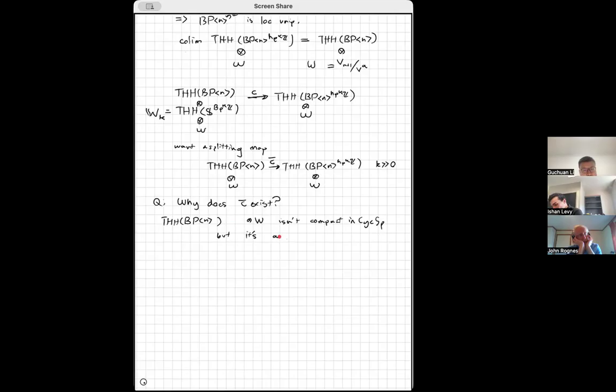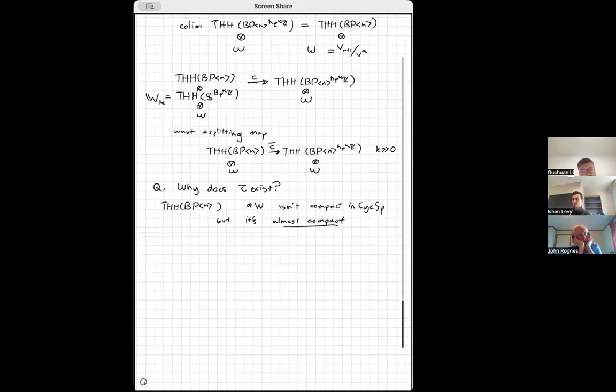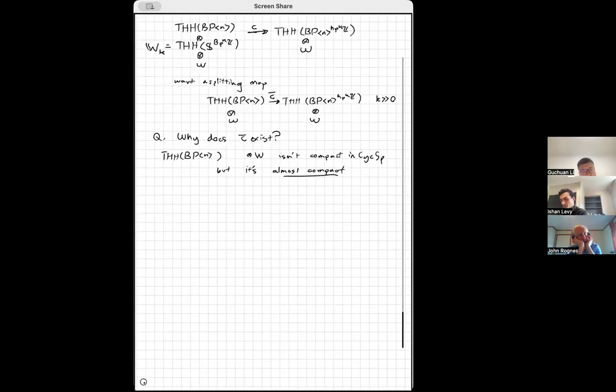It's what's called almost compact. So let me explain what almost compact is. So here's the definition. So let X be an object inside some category, which is going to be, let's say, a stable infinity category with a t-structure.